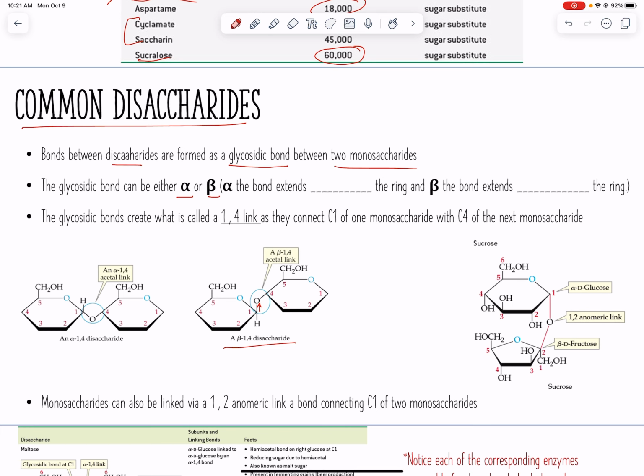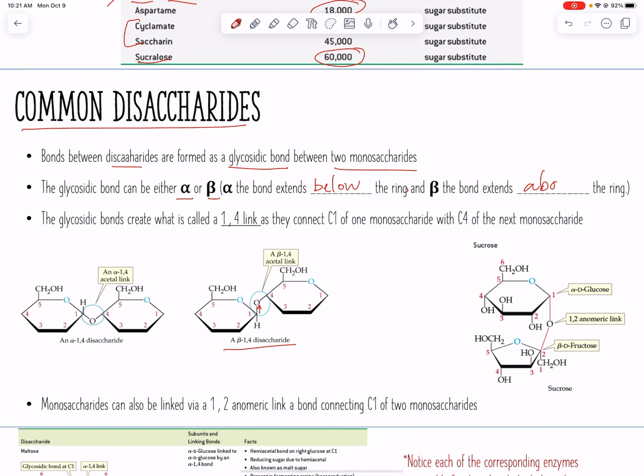The alpha bond extends below the ring or rings, and the beta bond extends above the ring. Honestly, this is always with respect to the first monosaccharide on the left.